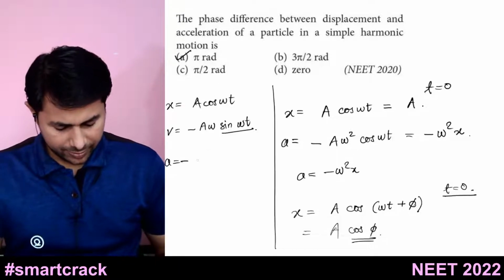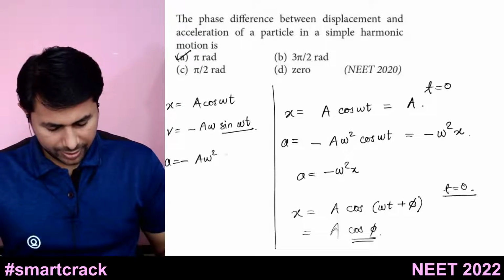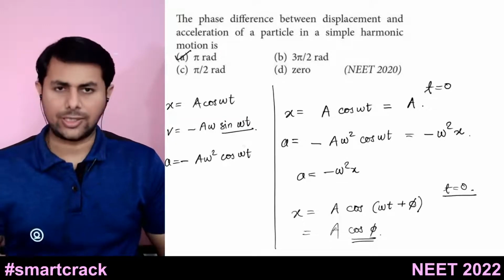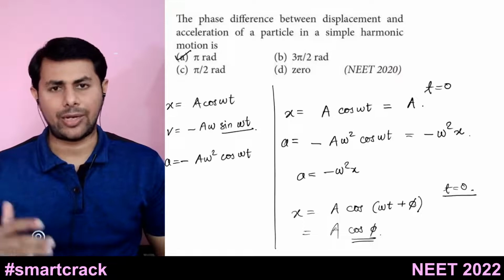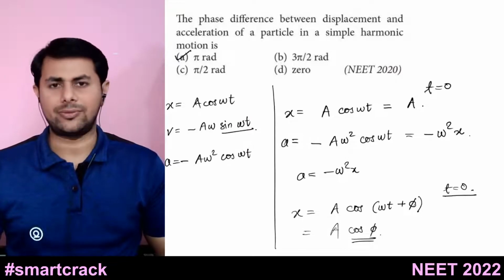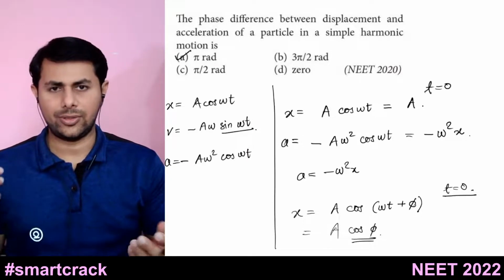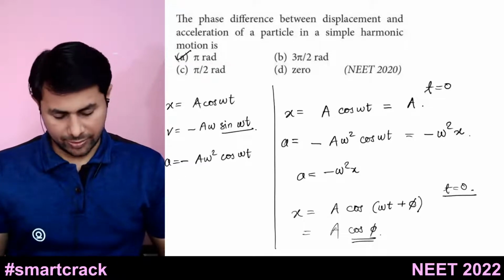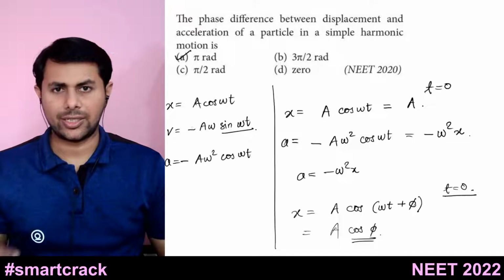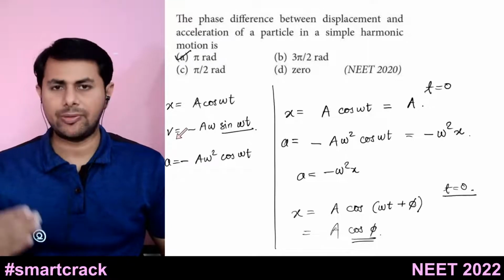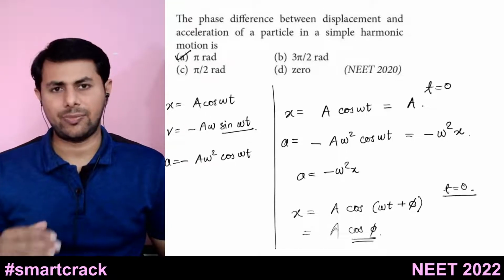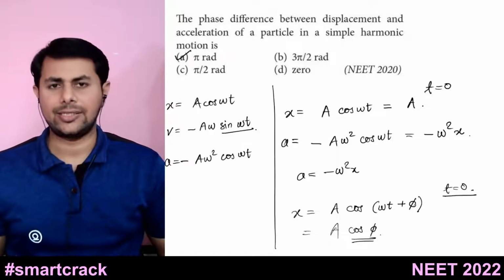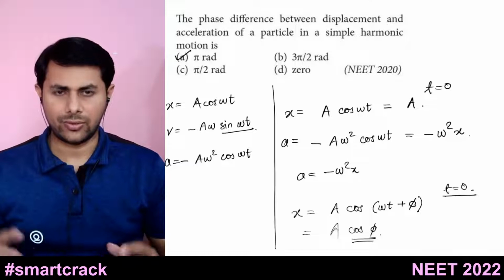Minus of a omega square into cos of omega t. So you go from sine to cos. Once again, there will be a phase shift of pi by 2. So pi by 2 plus pi by 2 equals what? Pi. So we can memorize this, that the phase difference between position and velocity is pi by 2, and the phase difference between the velocity and acceleration is pi by 2. So therefore the phase difference between position and acceleration is what? Pi. Okay.